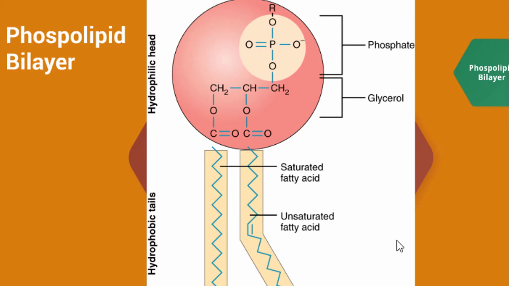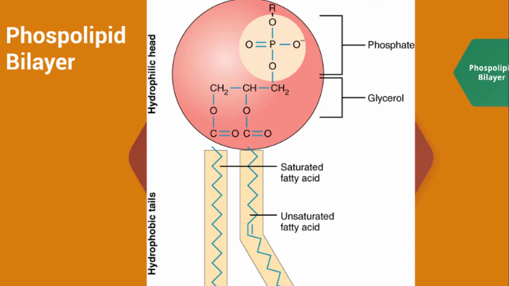The lipid tails, on the other hand, are uncharged. They are non-polar and are hydrophobic, or water-fearing. A hydrophobic molecule or region of a molecule repels and is repelled by water.